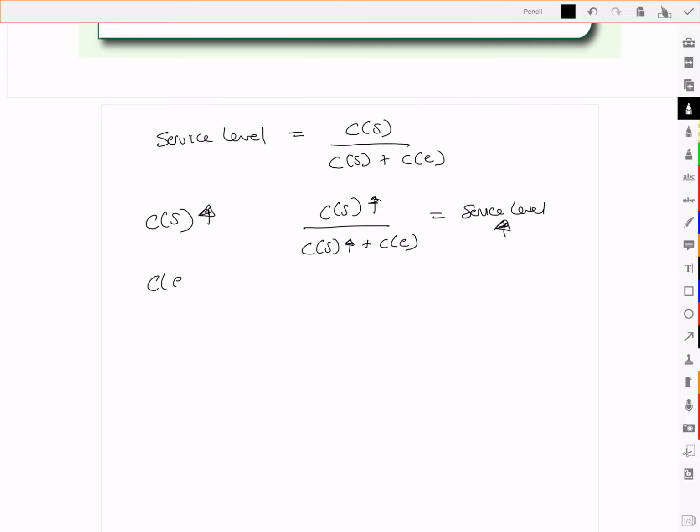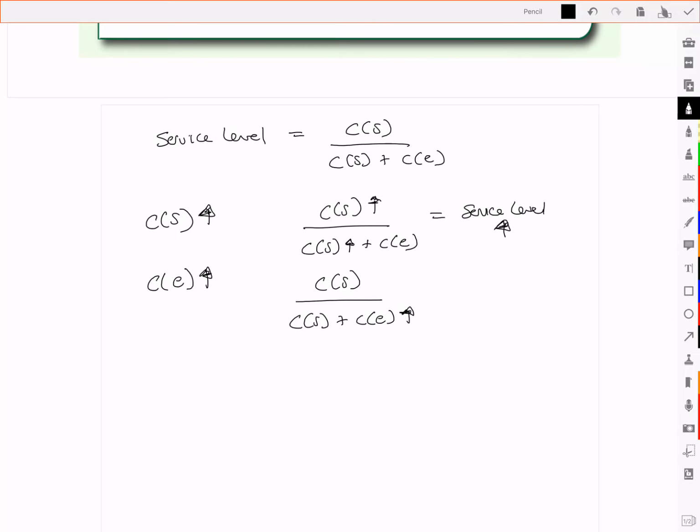If the cost of an excess goes up, so now it's more costly, let's say, to have stuff left over. Well, in the formula, cost of shortage divided by cost of shortage plus cost of excess, the number on the bottom of the formula has increased.